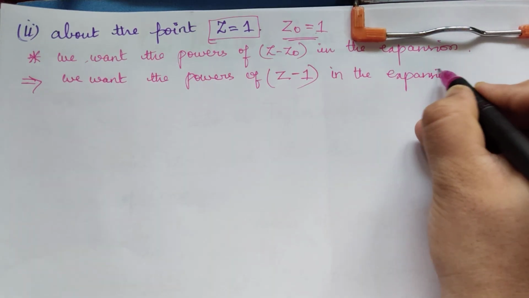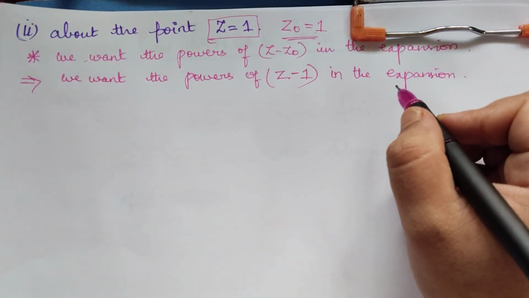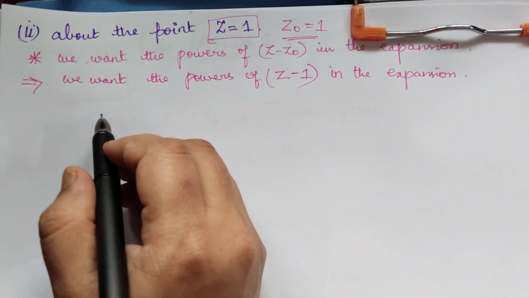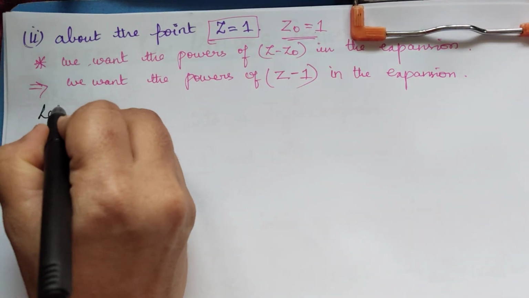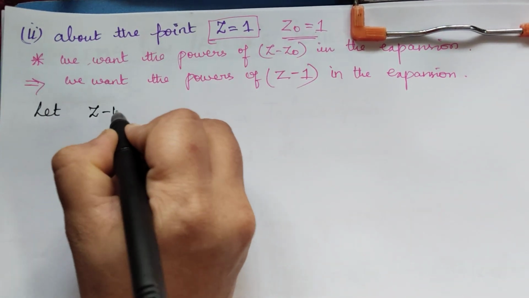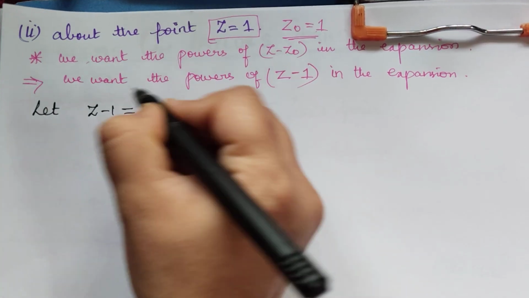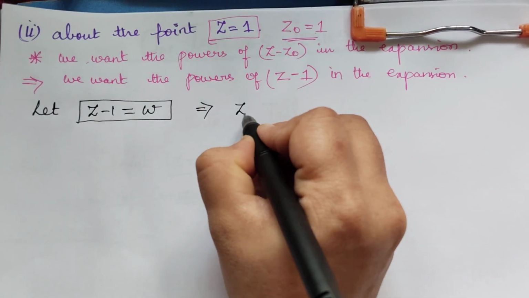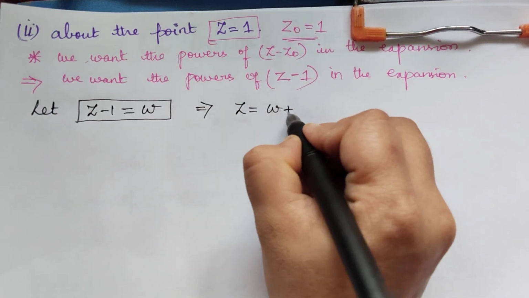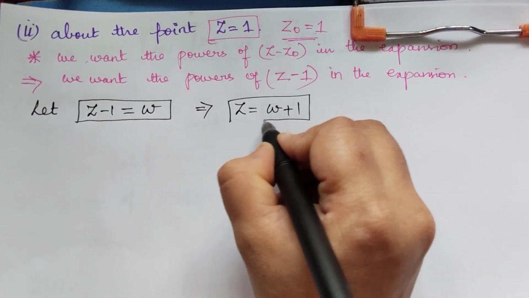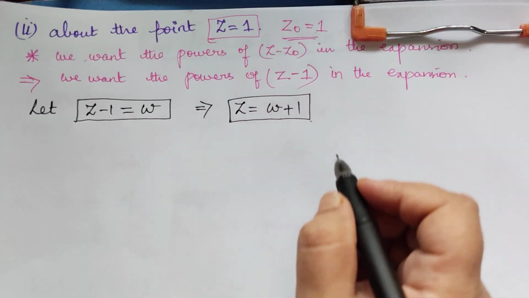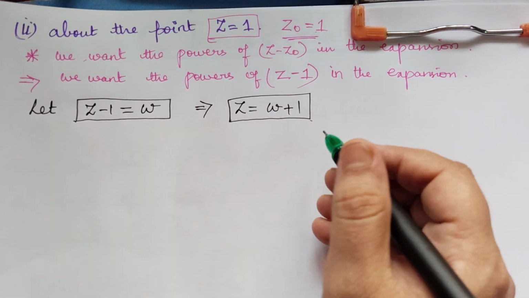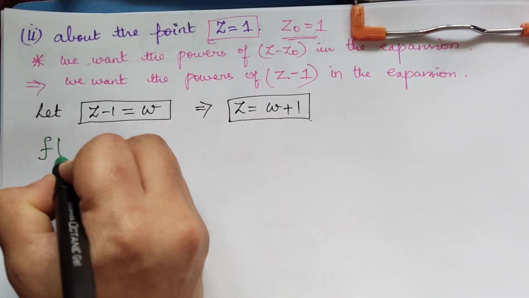So for this, first what we will do is, we will represent this z minus 1 as some w. So let z minus 1 be equal to w. So from this, what is z? Z is equal to w plus 1. So we will rewrite our given function in terms of w now. So therefore, what is f of z given?